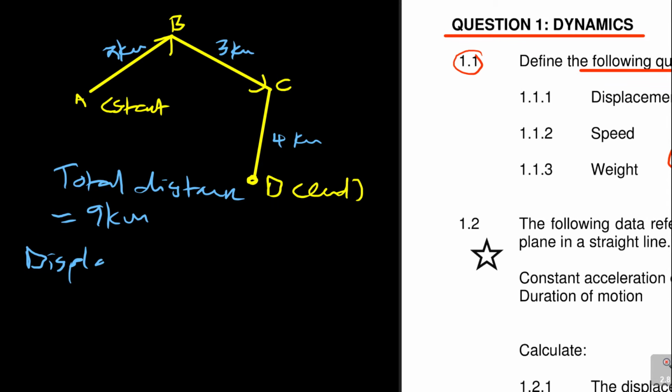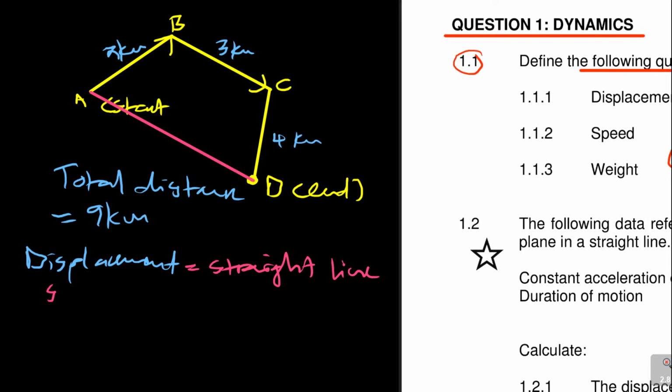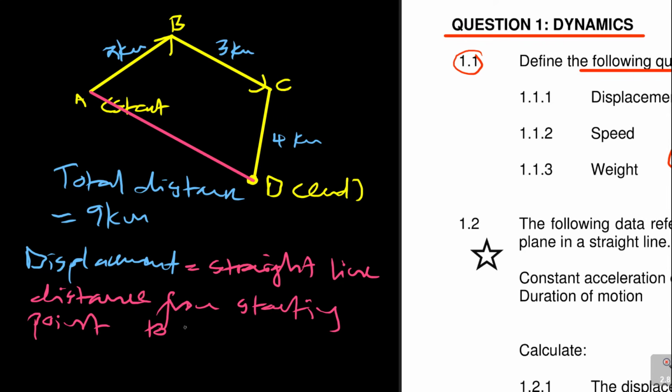When we're defining displacement, what do we mean by displacement? Displacement is the straight line distance from the start to the end. Are you with me? So that is the definition there. It is the straight line distance from the starting point to the end point, and has direction.